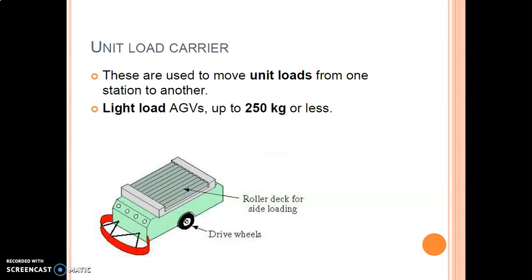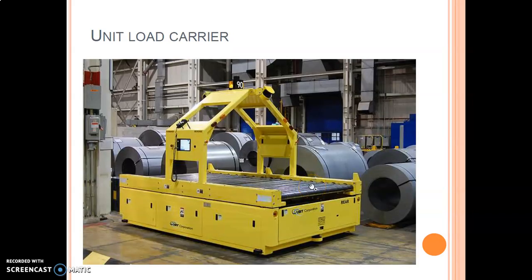But in the unit load carrier we use a single unit, used for lighter transportation up to 250 kg or less. You can see it's a very simple system. Here we have a rolled steel sheet, and it can be transferred from one place to another by the single pallet system.